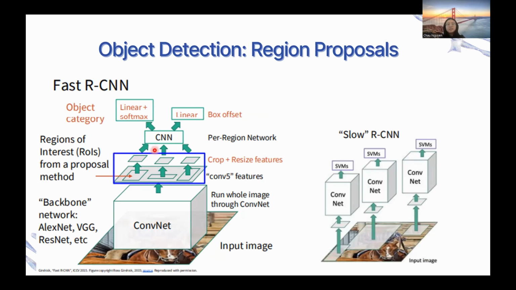By this point, it is no longer an image, but just the features the network has already learned. Then we only cut important regions from here and feed them into a linear softmax or linear layer to get the bounding boxes. This greatly reduces redundant computation while still achieving the same level of accuracy.